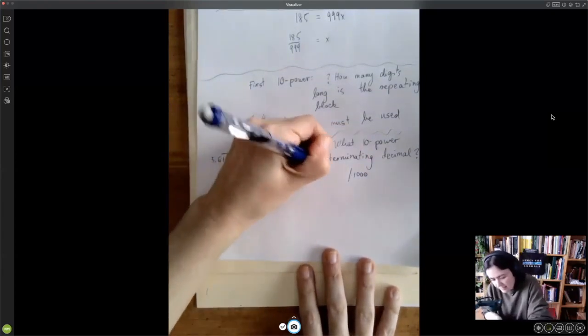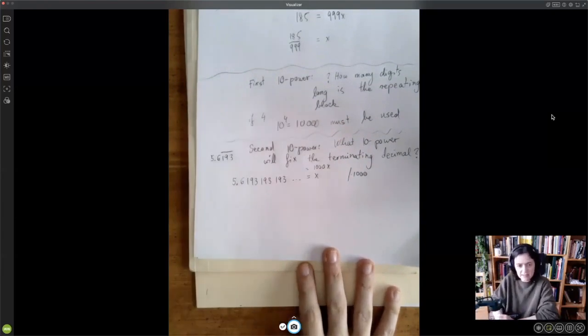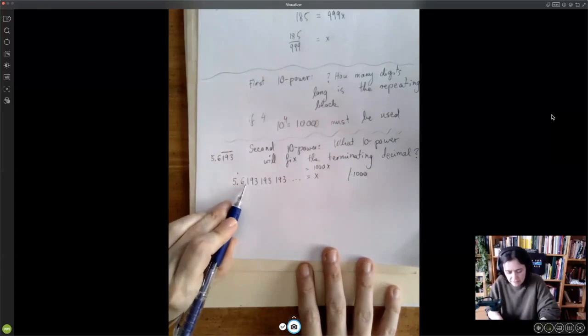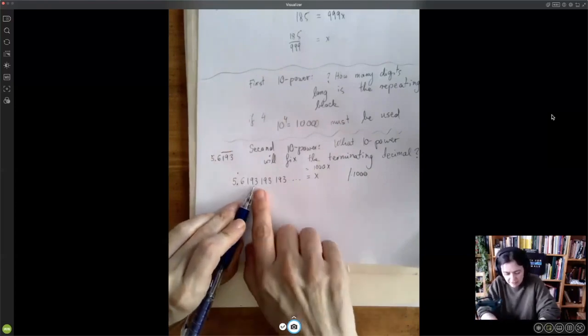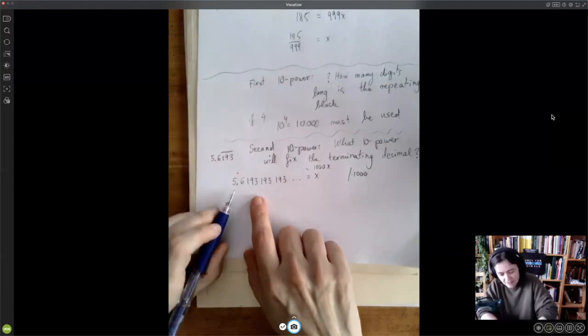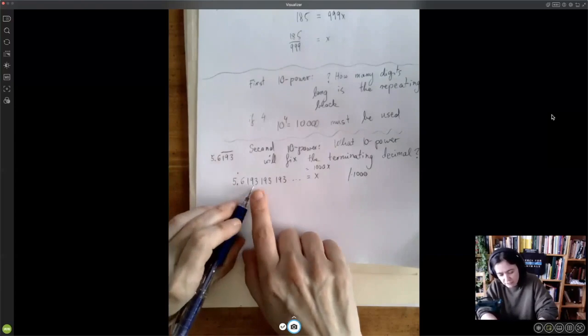Then we get 1,000x on the right hand side, and on the left hand side, well, 1, 2, 3, so we're going to have 5,619.319319319. And it's strange because it's no longer 193, it's 319319.